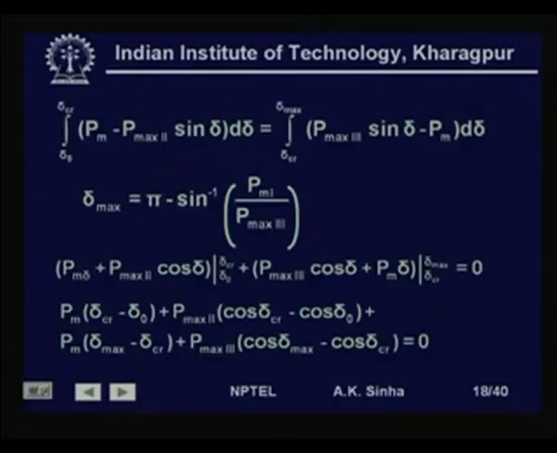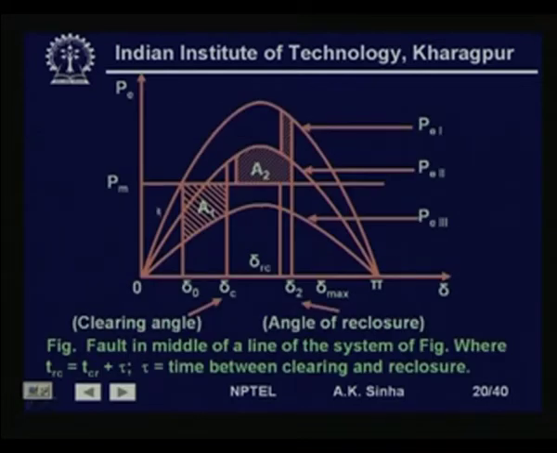So, this situation is shown here. Initially we are operating at this point, which is on the pre-fault power angle characteristics, with P m equal to P e, and the angle is delta 0, because P m is equal to E dash V by x d dash plus x 1 and x 2 in parallel into sin delta 0.